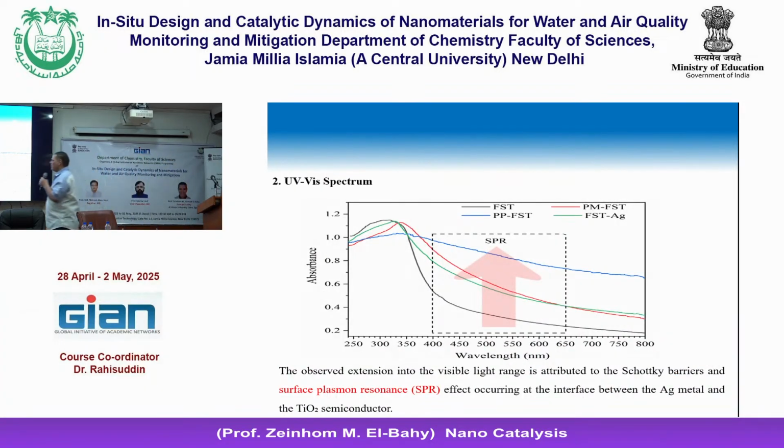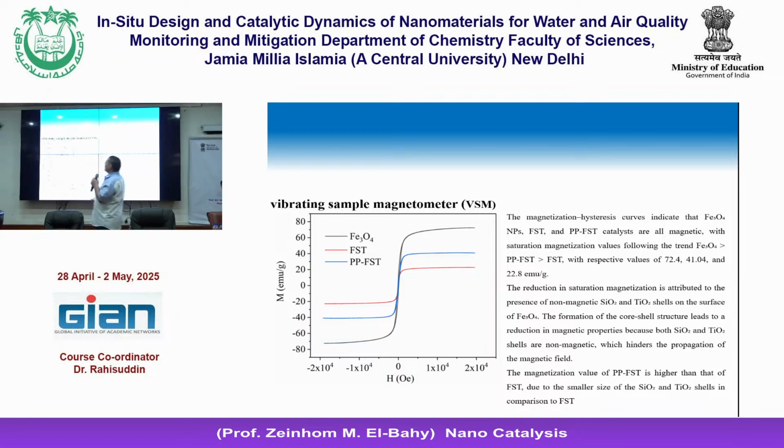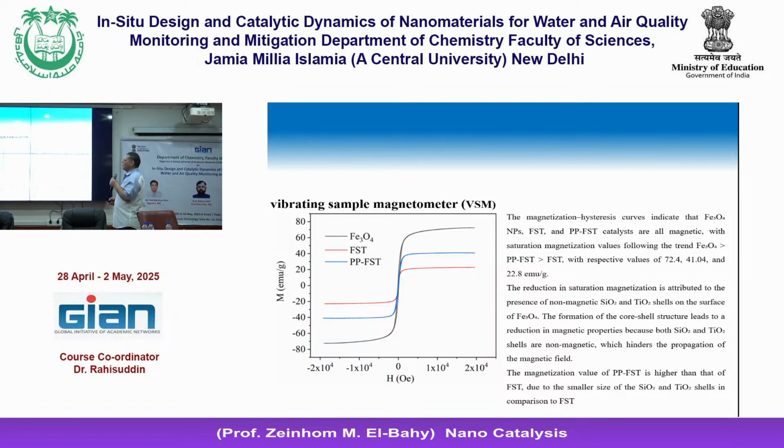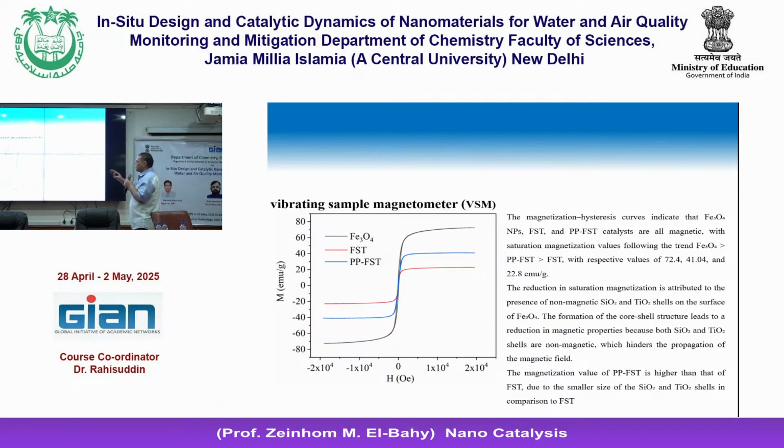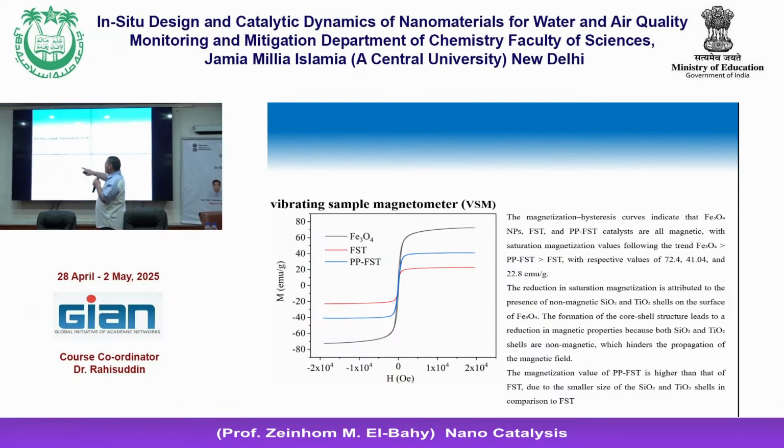Here is the UV for this sample, and I'll show you only this one and finish. I am sorry I made it long today. This is the magnetic susceptibility histogram, and the black one is for Fe3O4. So this is the prepared magnetite. After adding silica and titania, this one, you can see the height is a little bit shorter.